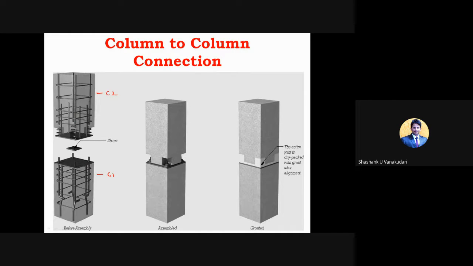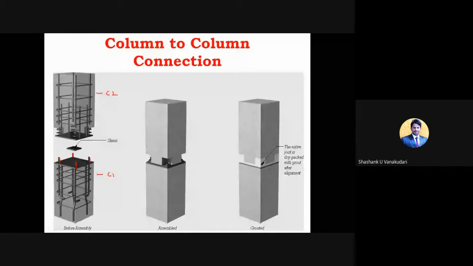Once they're fixed, you can see the shim plates, which provide a certain gap from the column 2 to column 1, and these are the additional reinforcements which are going to connect at this part. These additional members or reinforcements are considered as the nuts, and then they are going to fix them with the bolt connection.